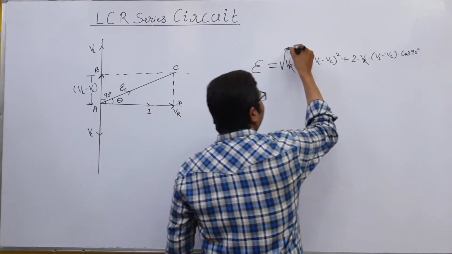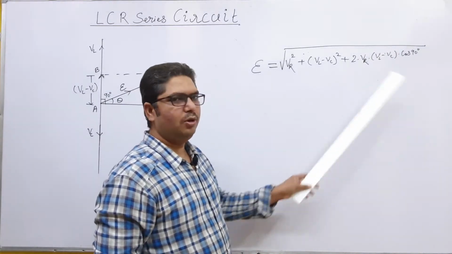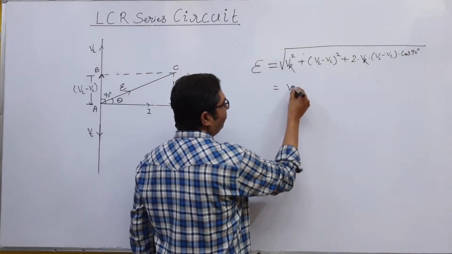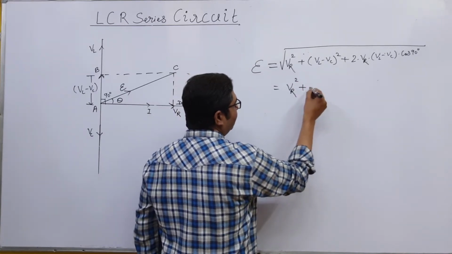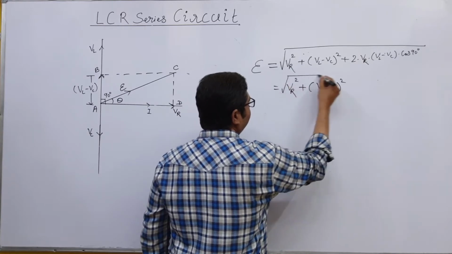We all know that cos 90 degrees is 0, so this term becomes 0, and we have the square root of VR square plus VL minus VC square.